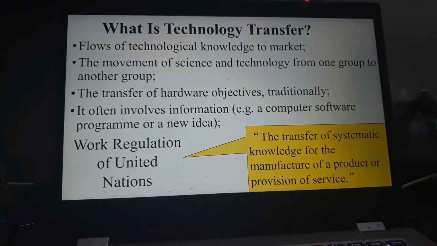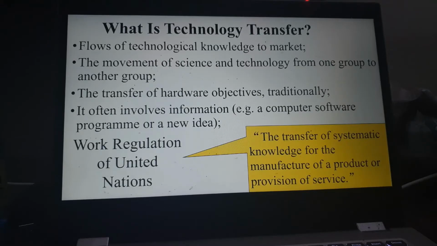Let's go again and look at technology transfer. It means the flows of technological knowledge to markets. The movement of science and technology from one group to another group. The transfer of hardware objectives, that is traditionally. It often involves information.